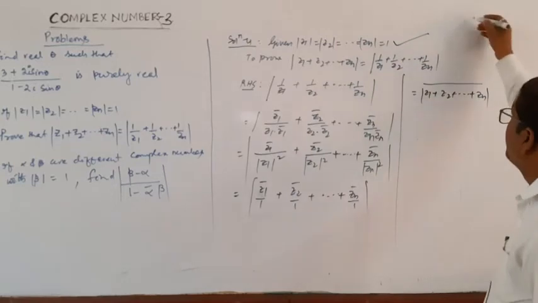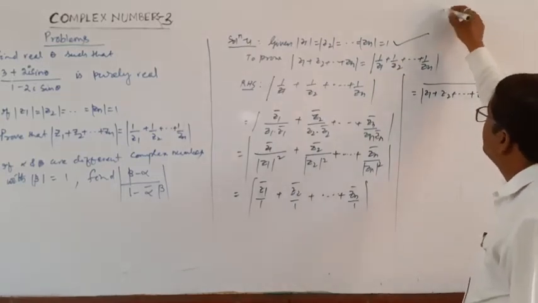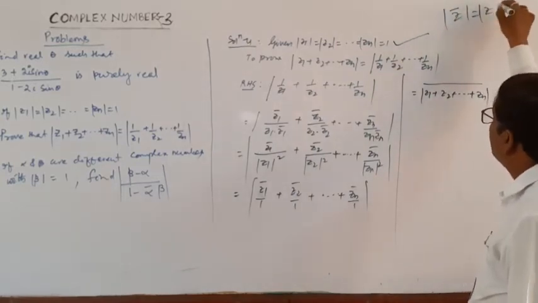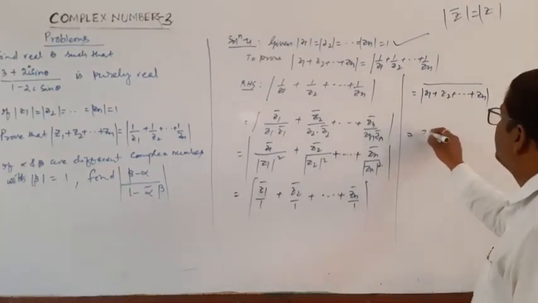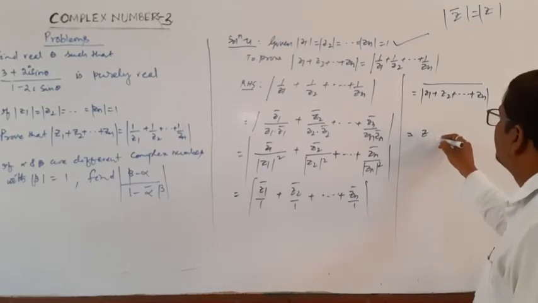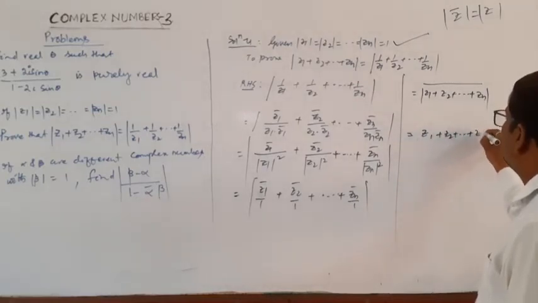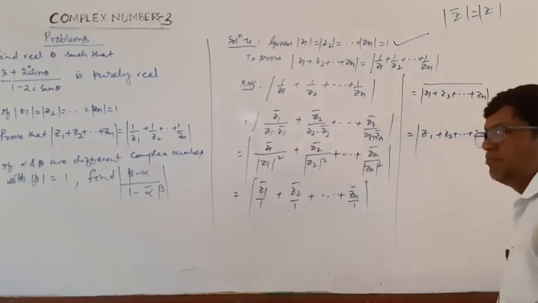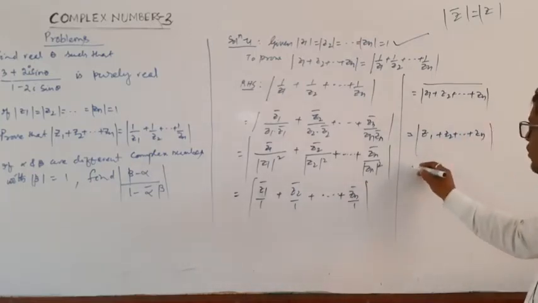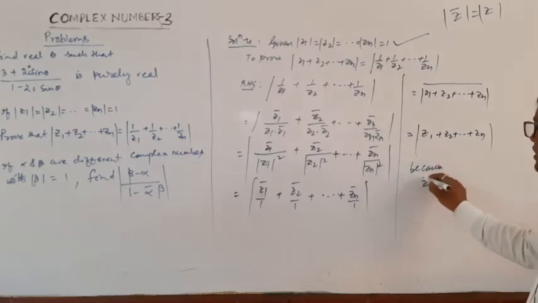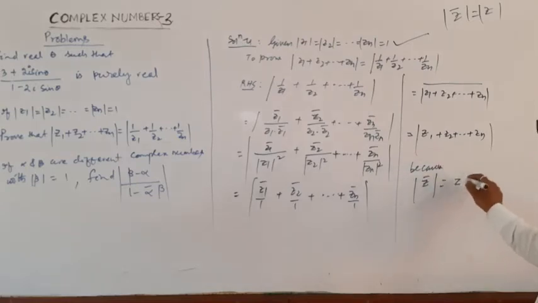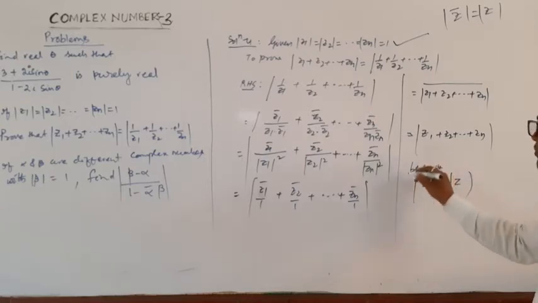We know modulus of conjugate z is equal to modulus of z, that is |z1 + z2 + ... + zn|, because we know |z conjugate| is equal to |z|.